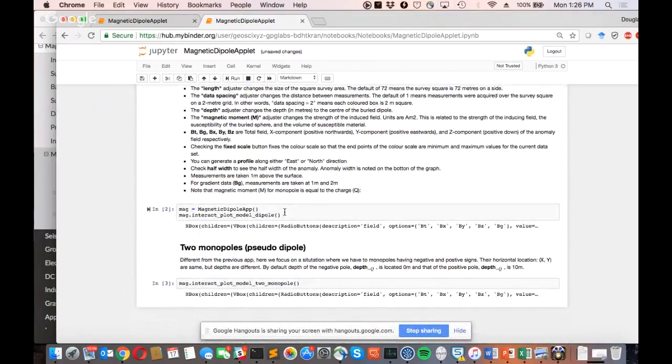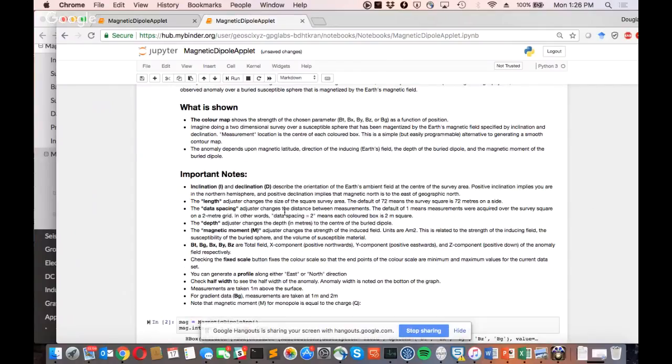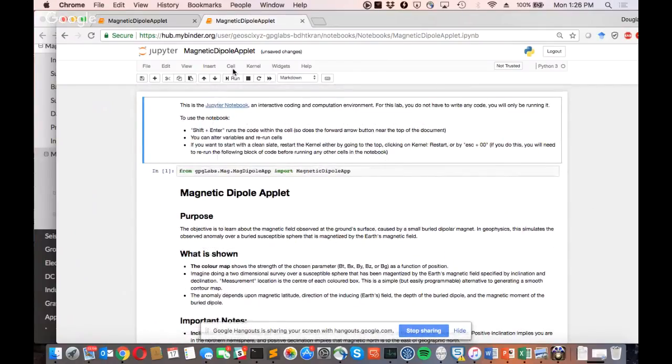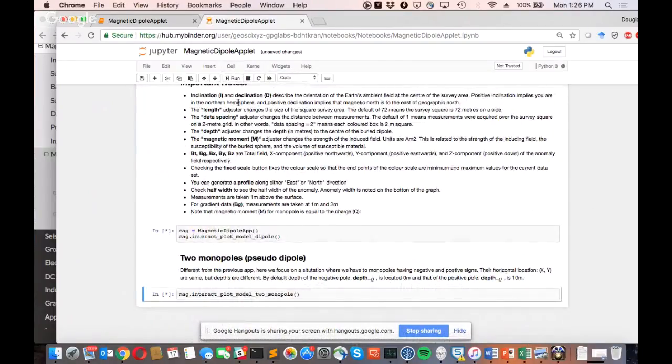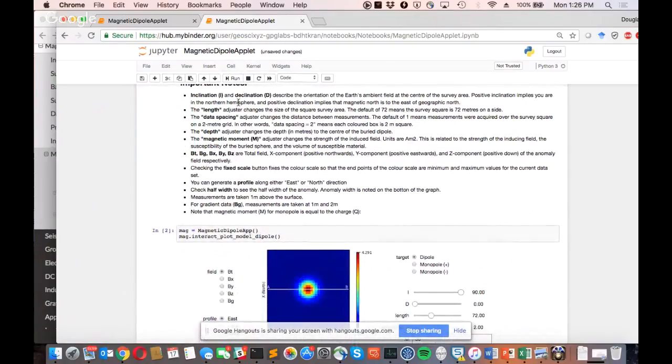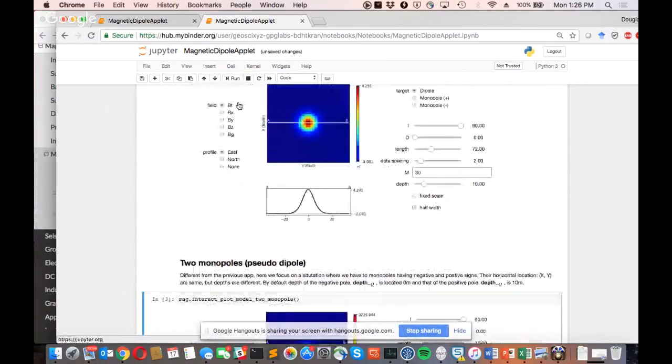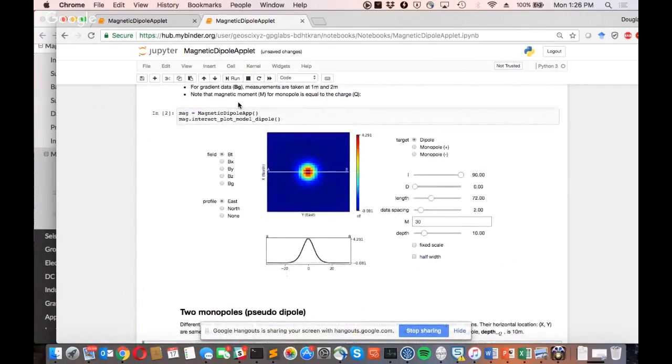We can activate each one of them, or we could take a simpler route: if you go under Cell up here and just Run All, that gets the software used to generate this app activated, and now you have a live interactive app at your disposal. So let's take a look through and see what we've got.